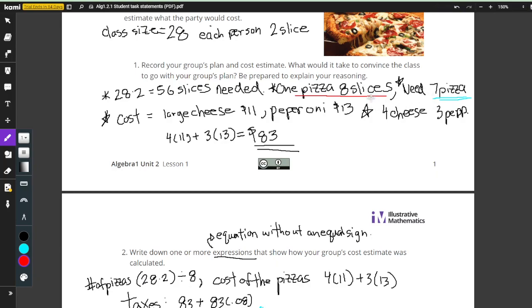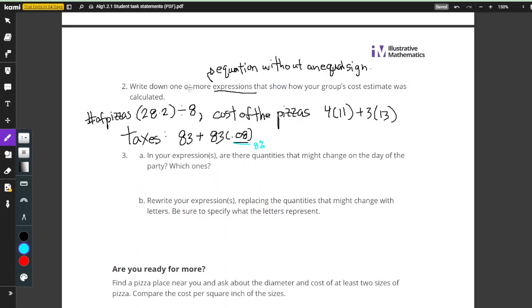We need something concrete that changes all the time. The big one is the 28. 28 can change because why? What could happen? 28 students, we could have students absent. Students absent could affect this.